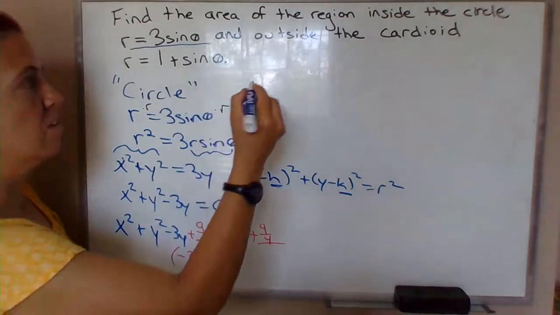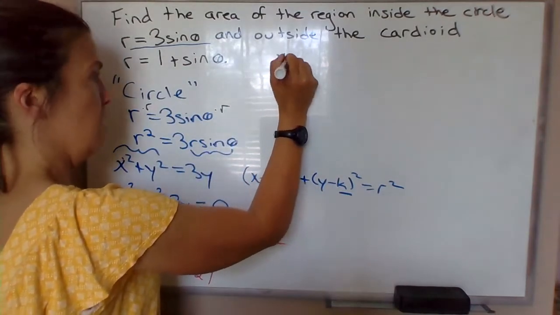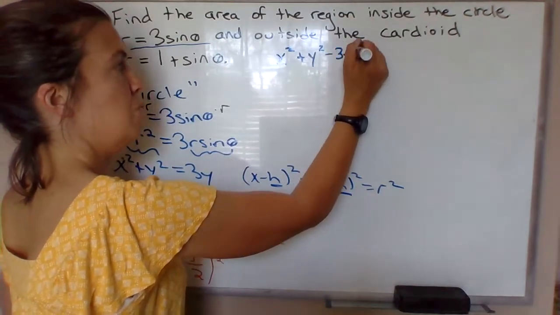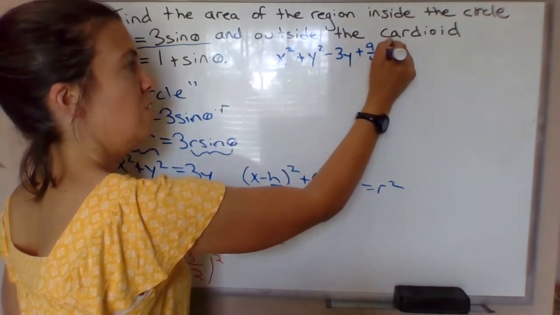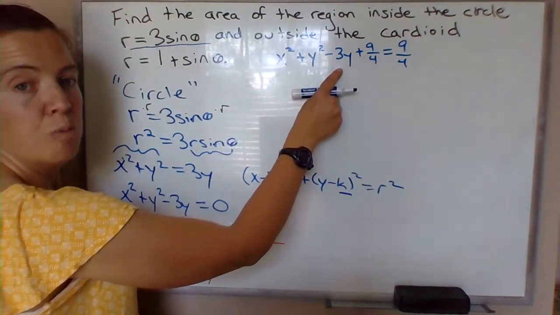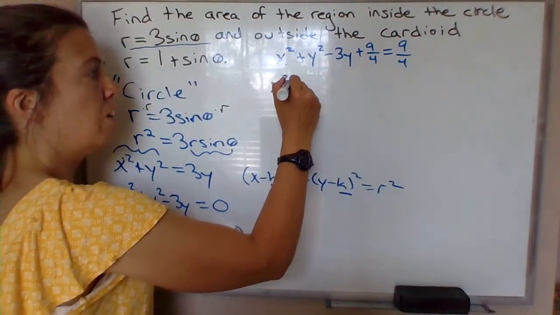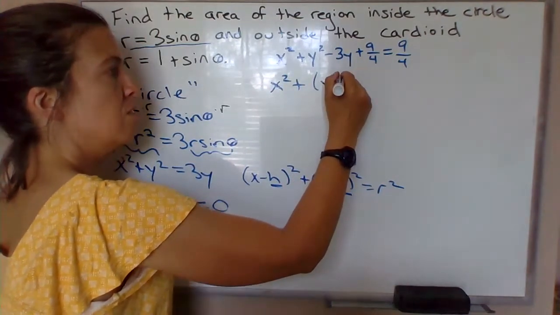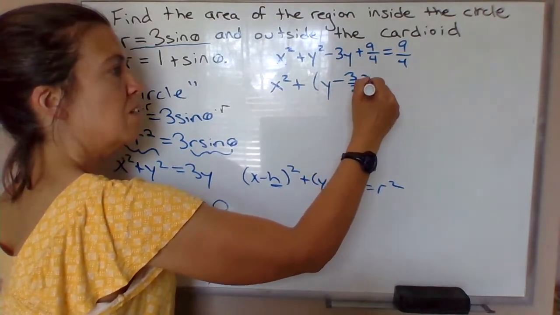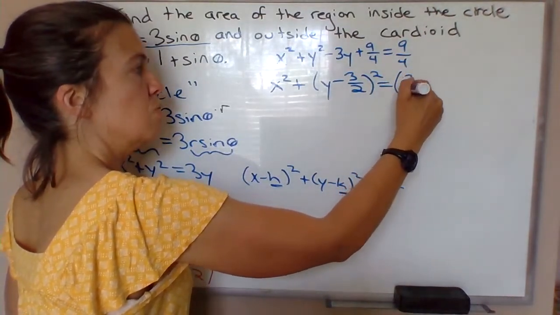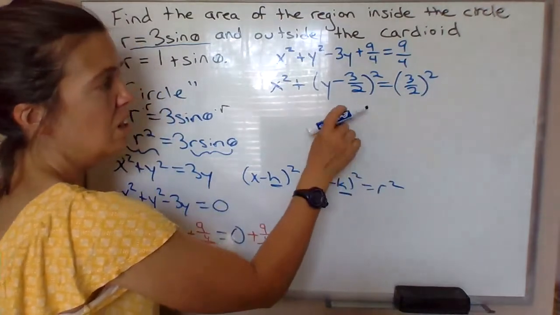And then I'll come up to the top of the board here. So that means we have x squared plus y squared minus 3y plus 9 over 4 equals 9 over 4. The shortcut for factoring when you complete the square is it's going to be y and then half of this coefficient, so y minus 3/2 squared, equals 9/4, which is 3 over 2 squared.